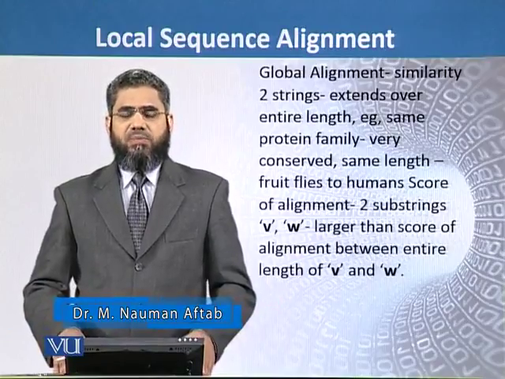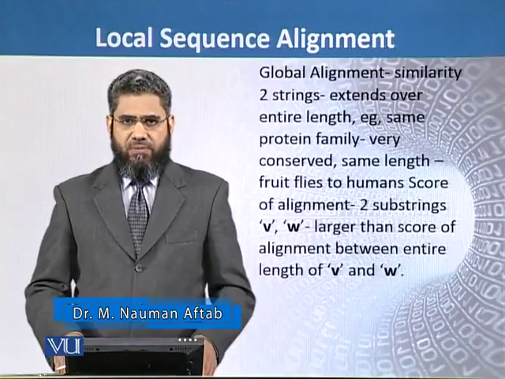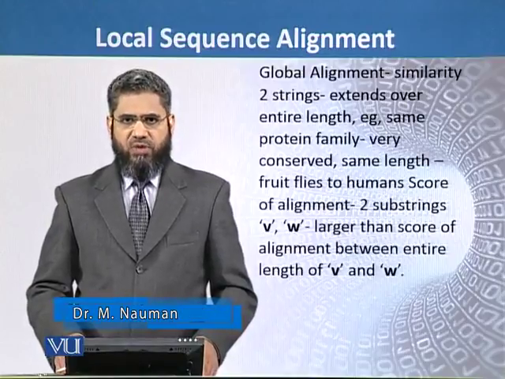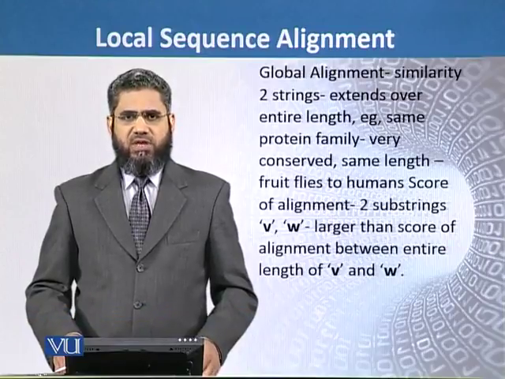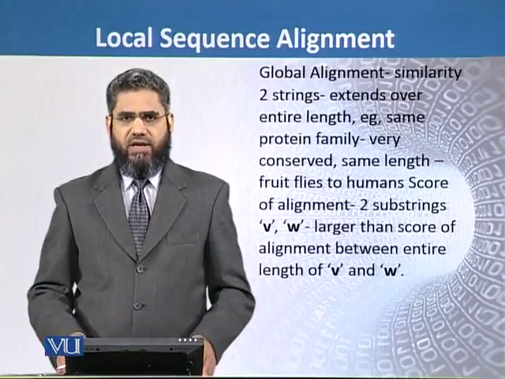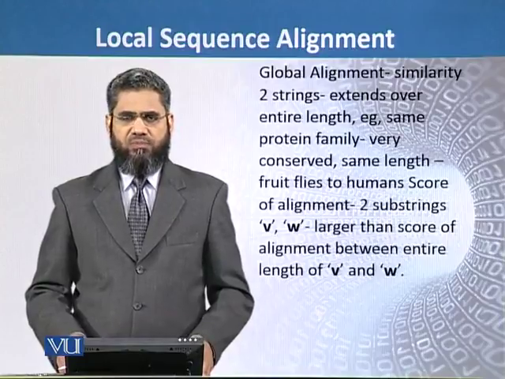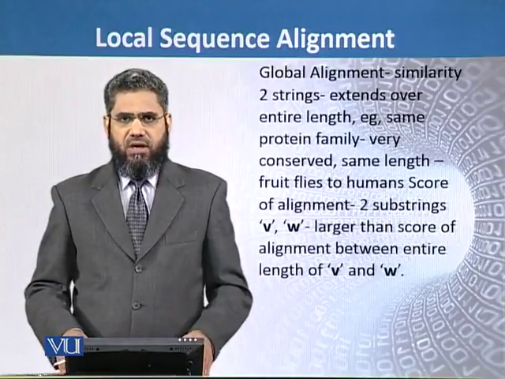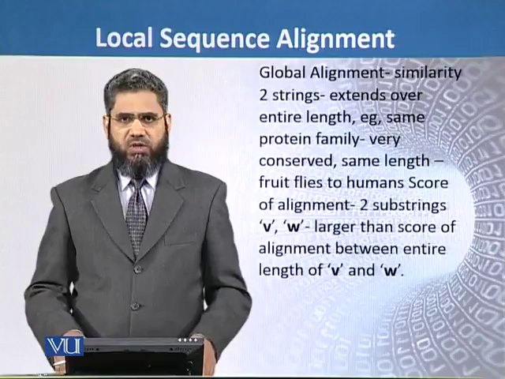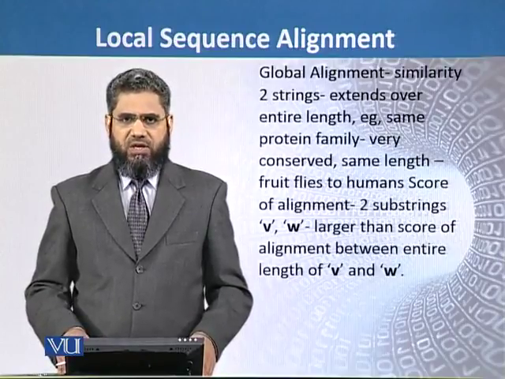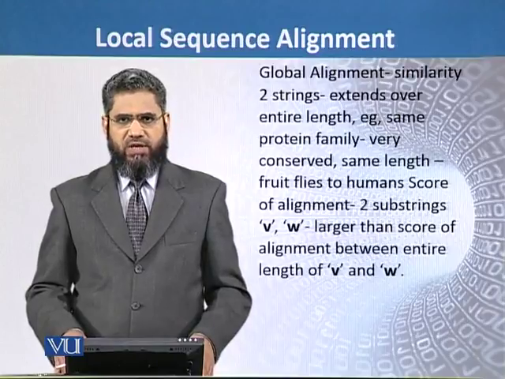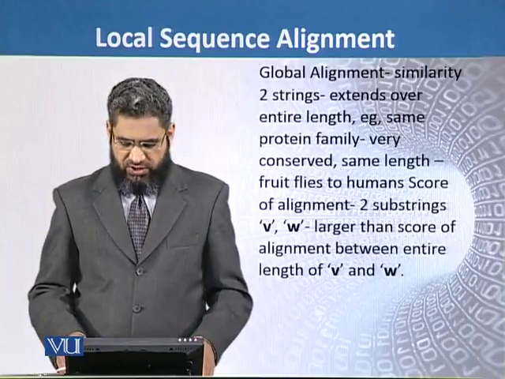These proteins might be different from each other, and in this case the global sequence alignment score will be very low. So if we want to attain a high score for two protein sequences, the condition is that these two proteins should be very similar to each other.